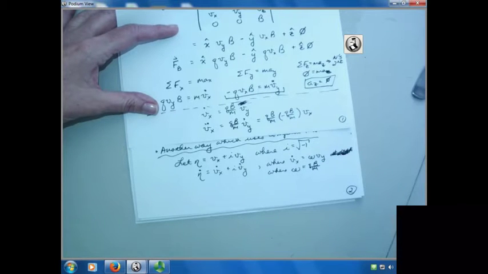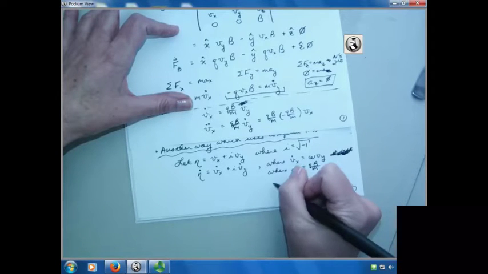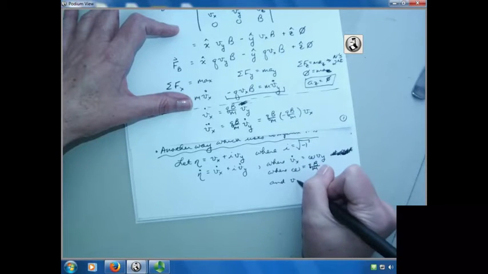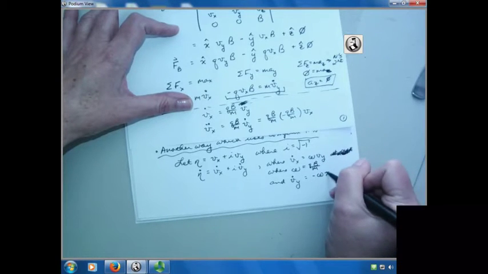Okay. I also have, from Newton's second law in the y direction, Vy dot is equal to minus omega Vx.